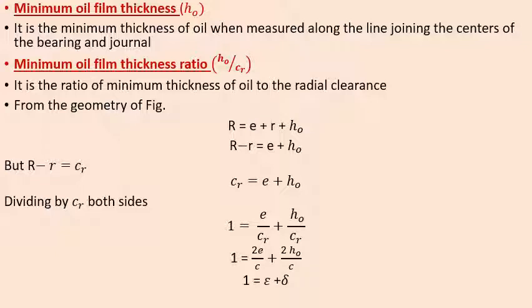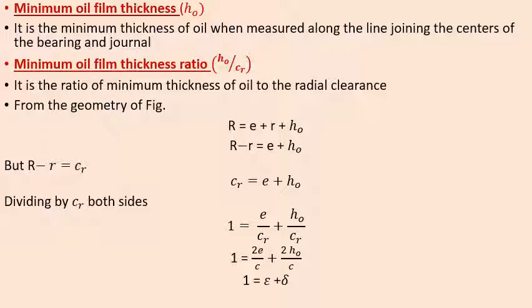But 2e by C, that is this ratio is given by the term called eccentricity ratio or attitude, denoted by epsilon.